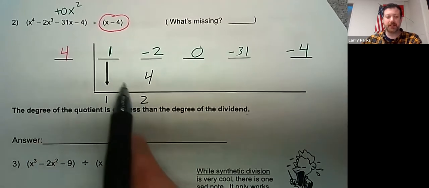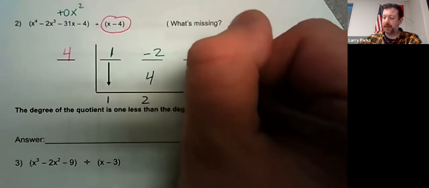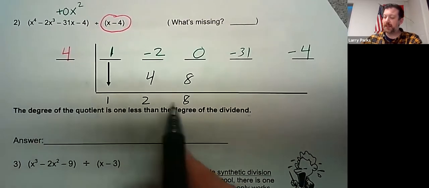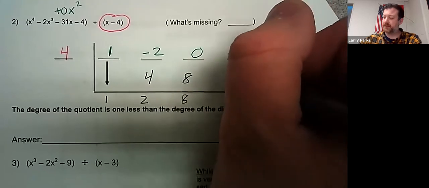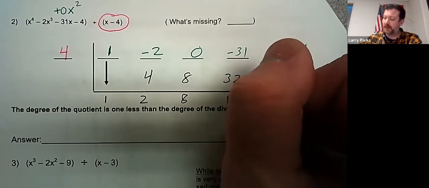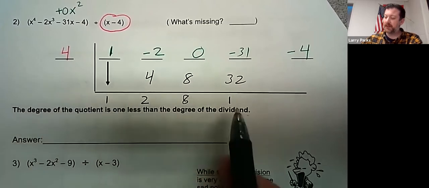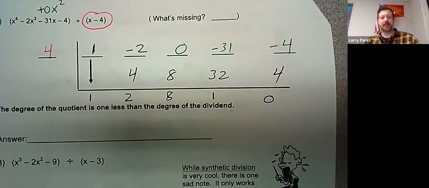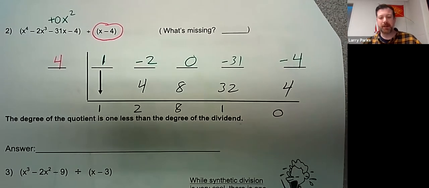You multiply 4 times 2. You add 0 plus 8. You multiply 4 times 8. You add, that'd be 1. You multiply. 4 times 1 is 4. You add, you get 0. So 0, that's my remainder.